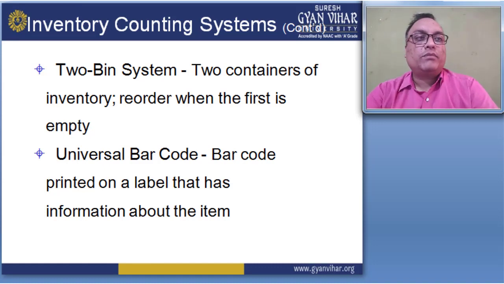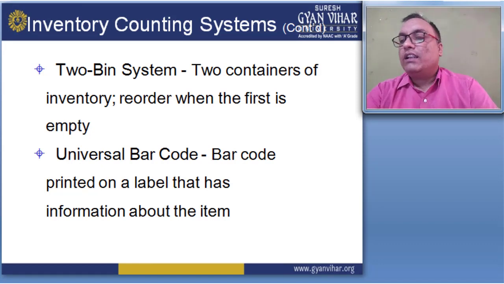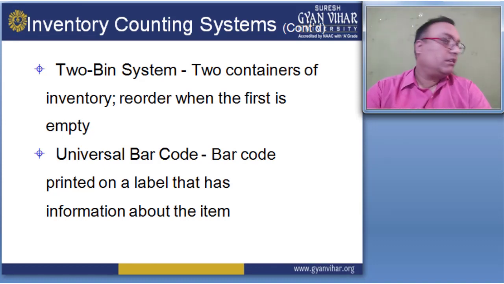For the two bin system, two containers of inventory are used, and you reorder when the first is empty. Means in this case two containers are required. First you use the first bin, and if the first is empty, then you will use the second bin. So in this case two bins are required.